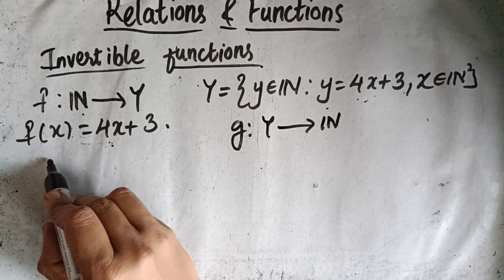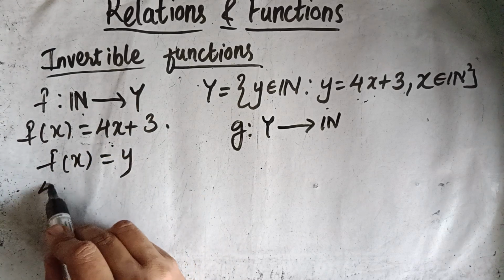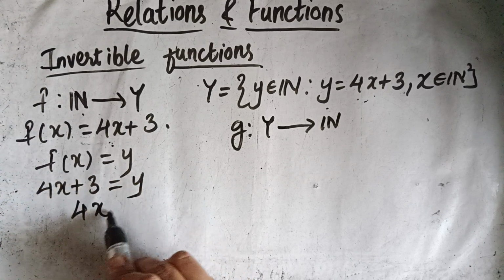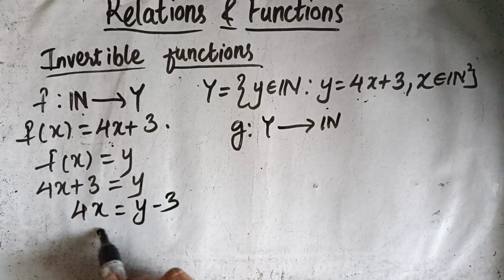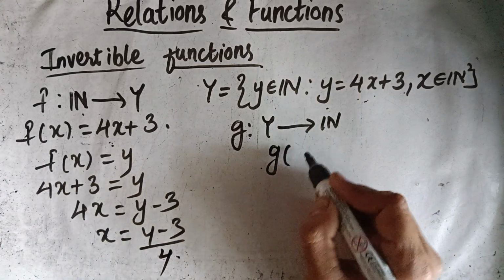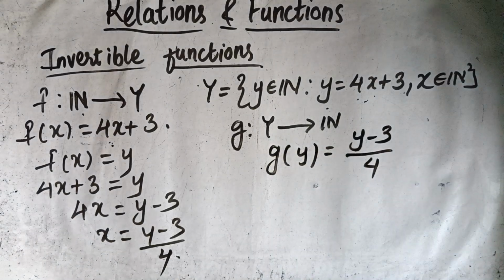So put f of x equal to y, so 4x plus 3 equals y. So 4x is y minus 3, so x is (y minus 3) upon 4. So this is your g of y. So g of y is given by (y minus 3) upon 4.